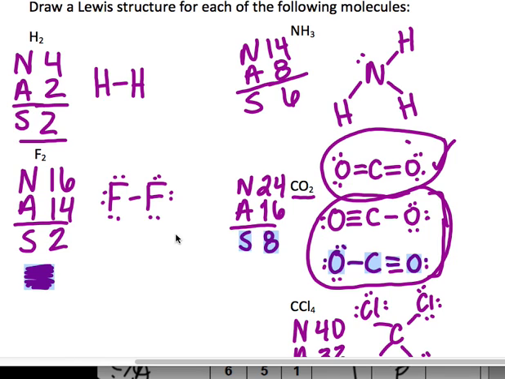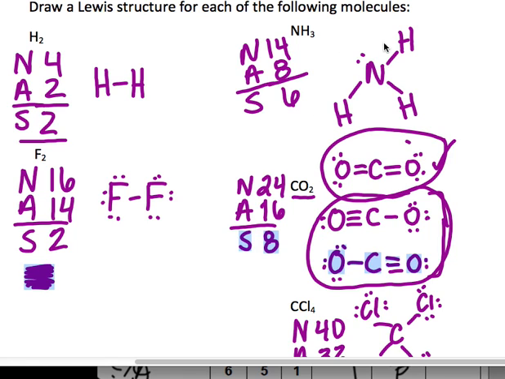All right, F to S. What is the electronic structure? Linear. There's no central atom there, but what's the distance between 2 points? It's a line, right? So it's electronically linear. Polar or nonpolar? Nonpolar, correct. Now let's go up here to ammonia.